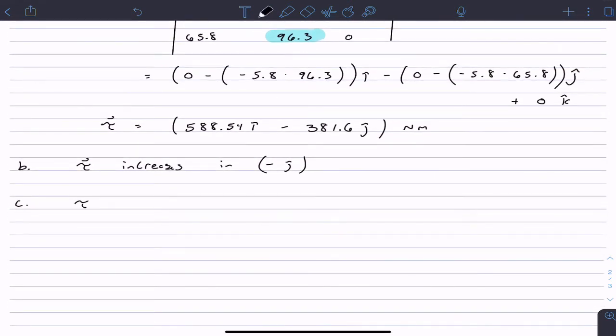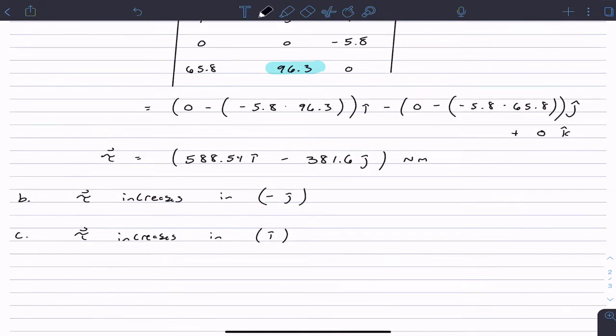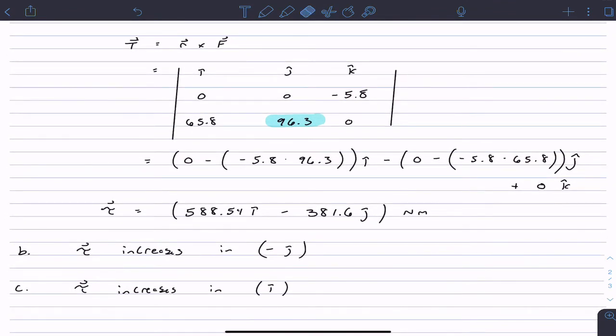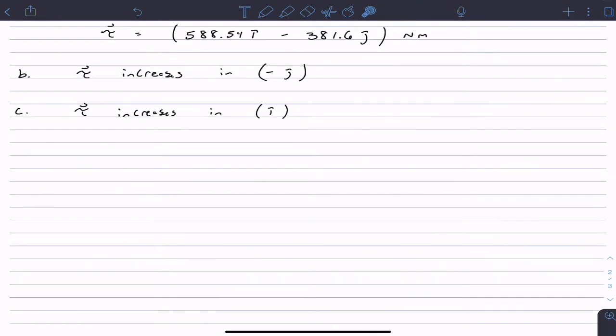So we say that torque increases in i hat direction. So hopefully that's clear. Pretty much all we're saying is if this component has a higher value, it doesn't really affect this because this value isn't sitting here, but it does affect this component because this value is right here, right? So if this increases, this overall value also increases.